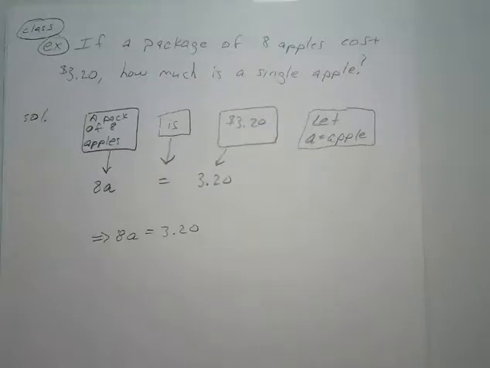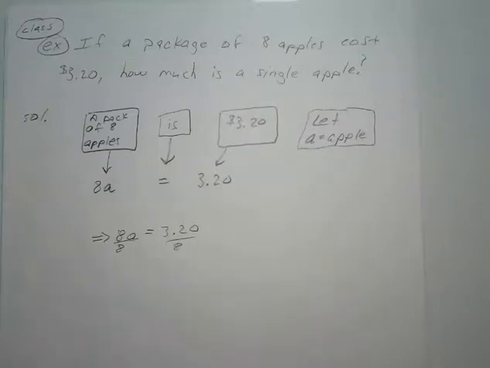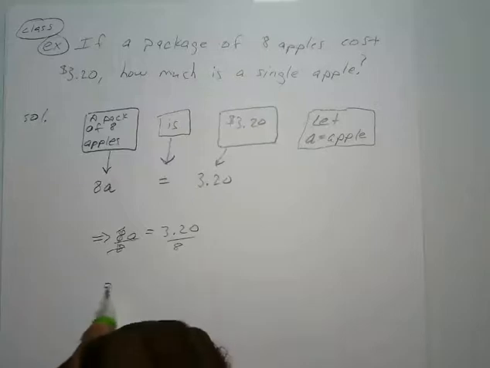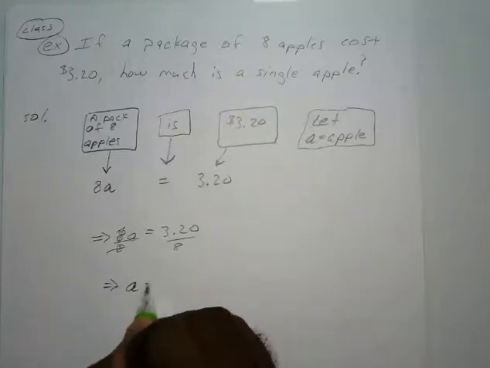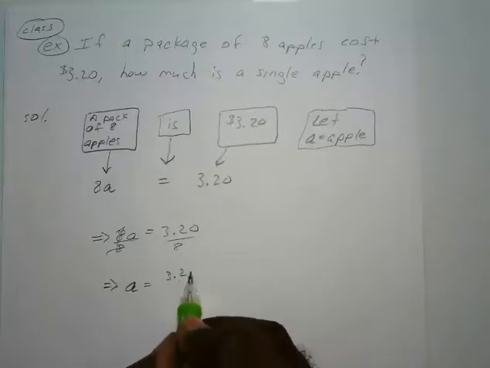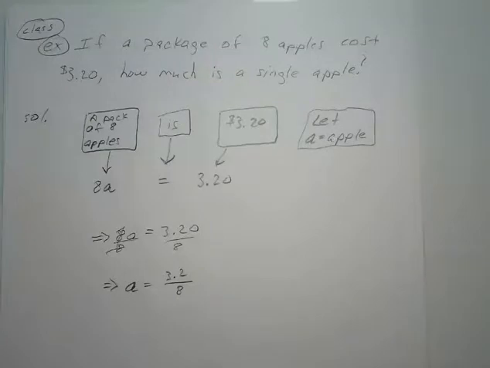Alright, so now we just divide both sides by 8. So we have A equals 3.20, or you can write it as 3.2, divided by 8.